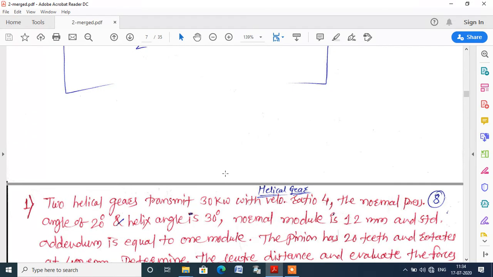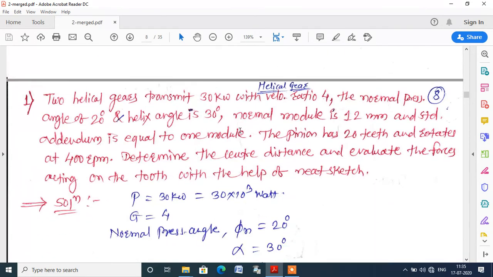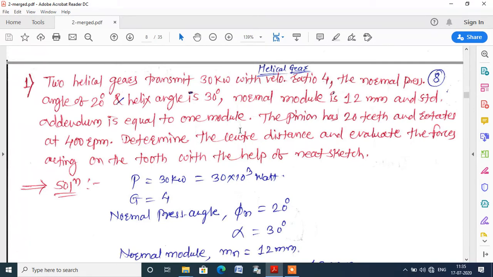Now, whatever theory we have learned, we have to see a numerical so that you can understand effectively what we have learned in theory. So take a notebook and a pen and write down this question.